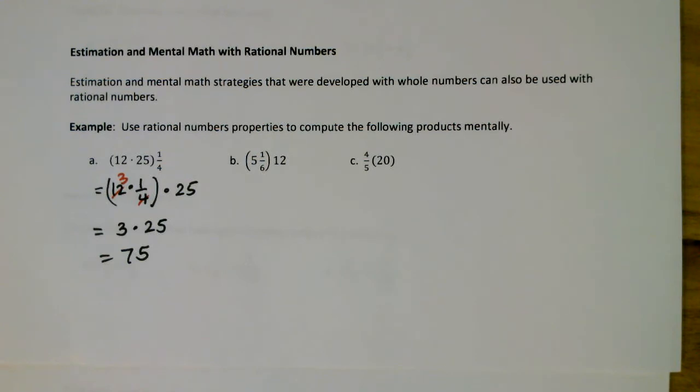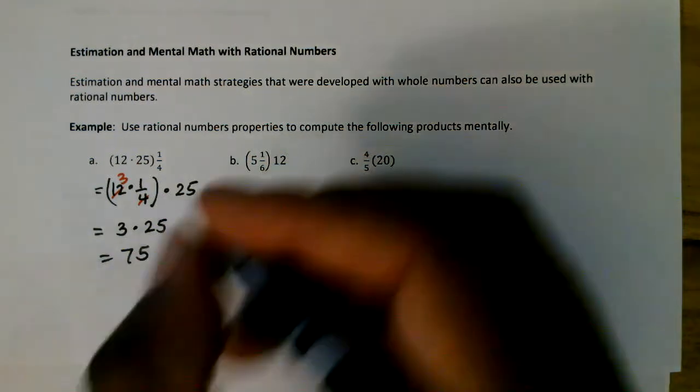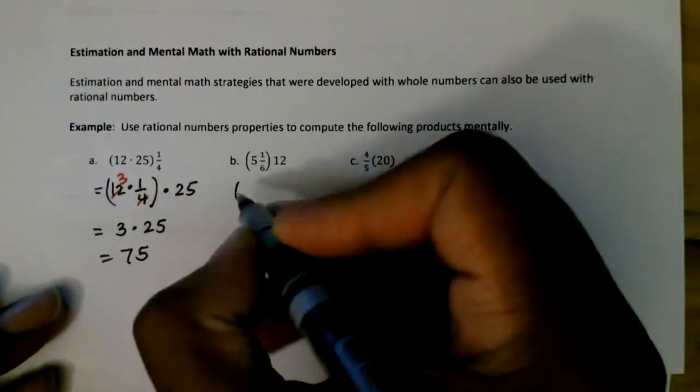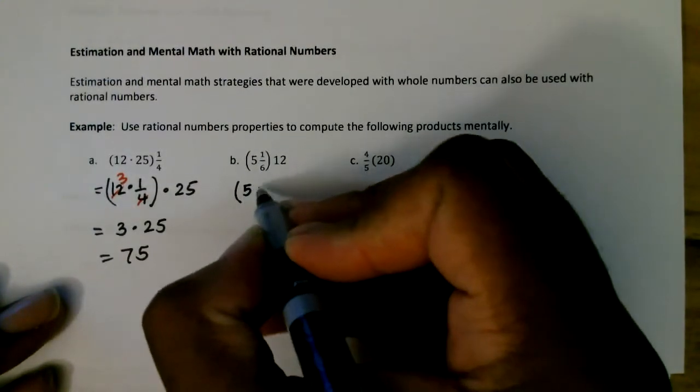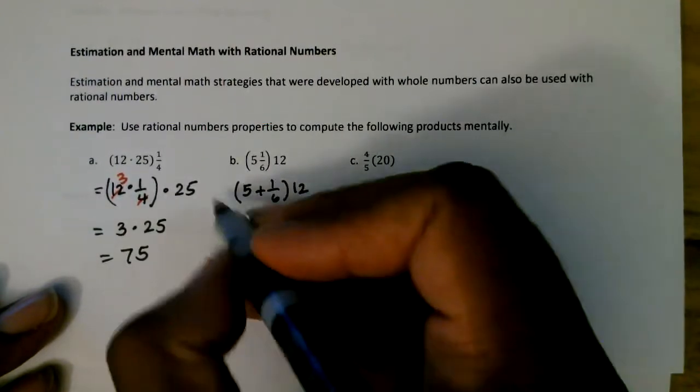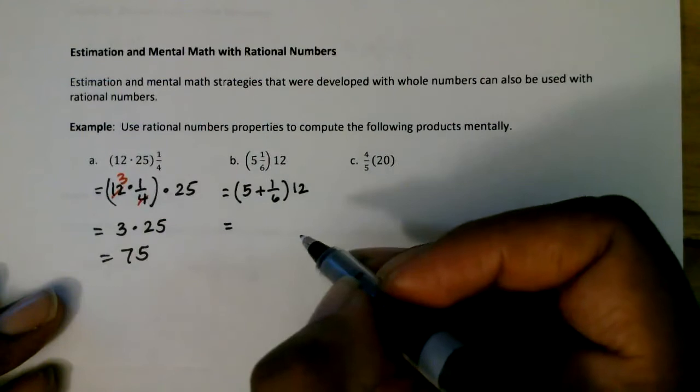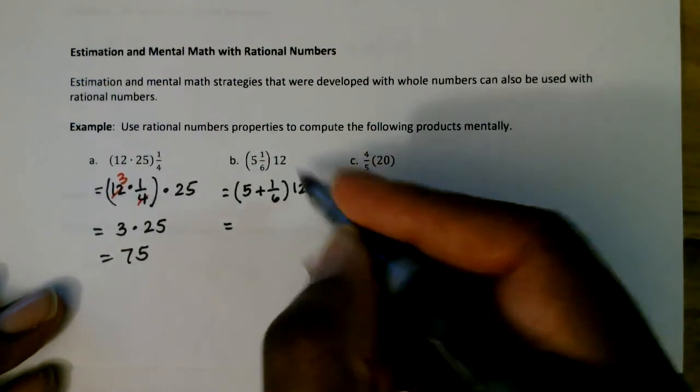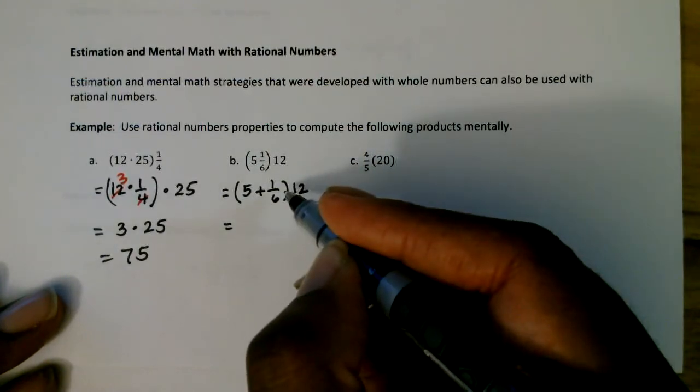Okay. Now in part B, we got 5 1/6 times 12. Well, what I can do here is this. Break up 5 1/6 as 5 plus 1/6. And then that'll be multiplied by 12. And then distribute the 12 over the 5 and the 1/6 by multiplication.